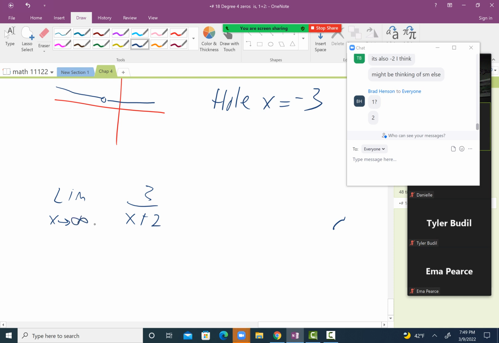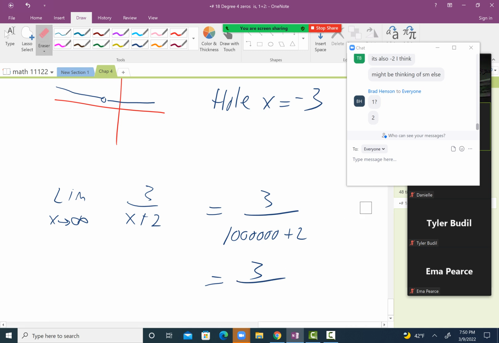Now you would say, how in the heck can you do that? Well, let's pick a large number, because I obviously can't put infinity in there. Let's say I put 1,000,000 in here, and I added 2. Well, that 2 really doesn't make a whole lot of difference.